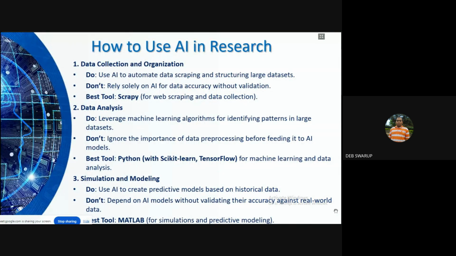So let us try and understand how AI is used in research. The first one is data collection and organization, and the pre-analysis of data. You collect the data, then you go for its pre-analysis. The best tool to use is Scrapy.